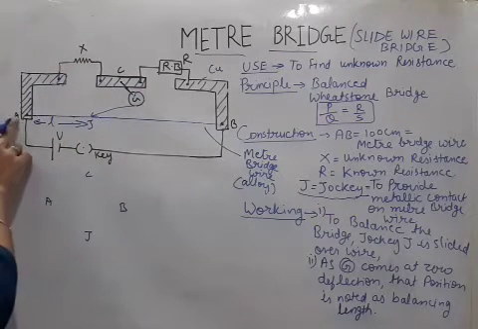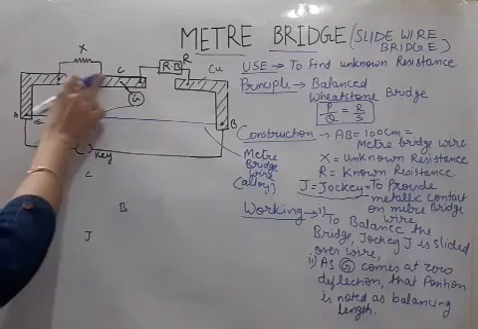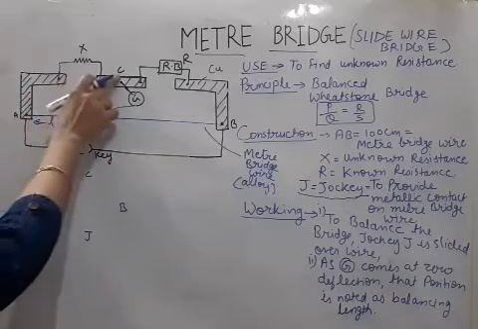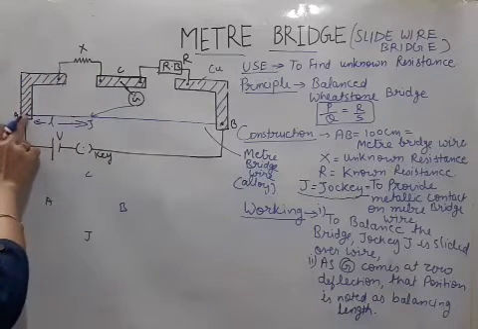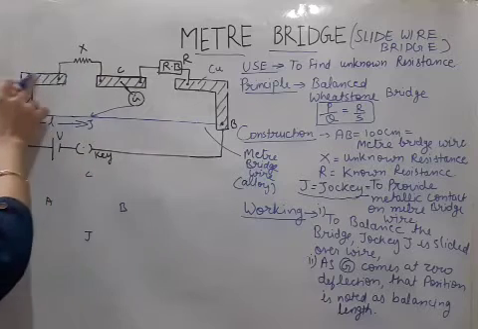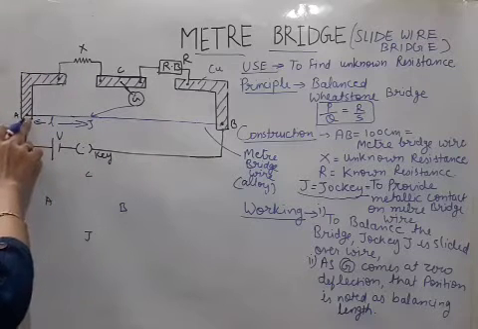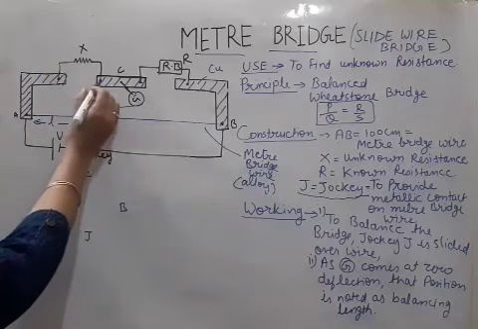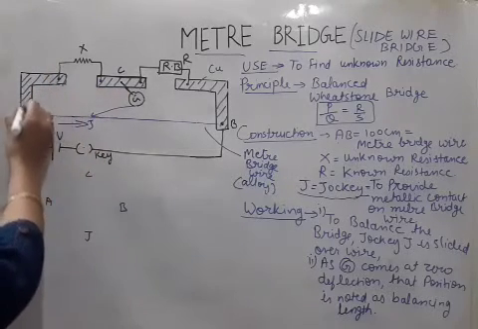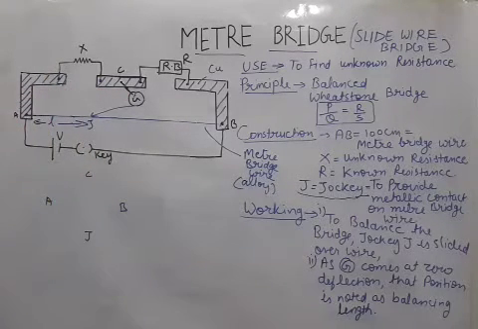Let us start. Between AC, what is the resistance connected? So, between AC, the effective resistance connected is X only, because for these copper strips, the resistance is very small.